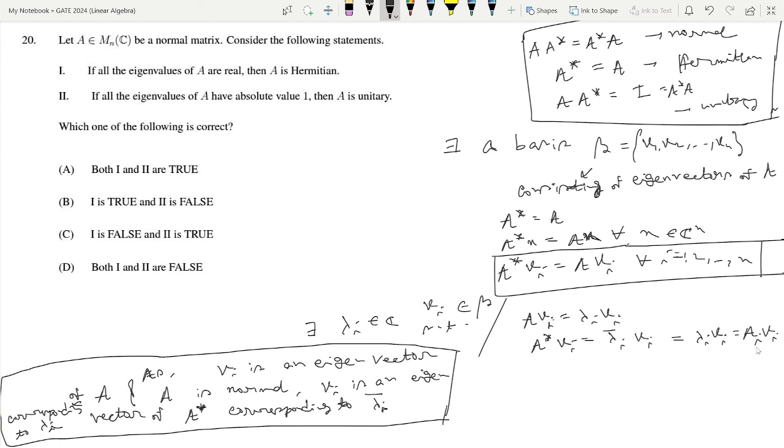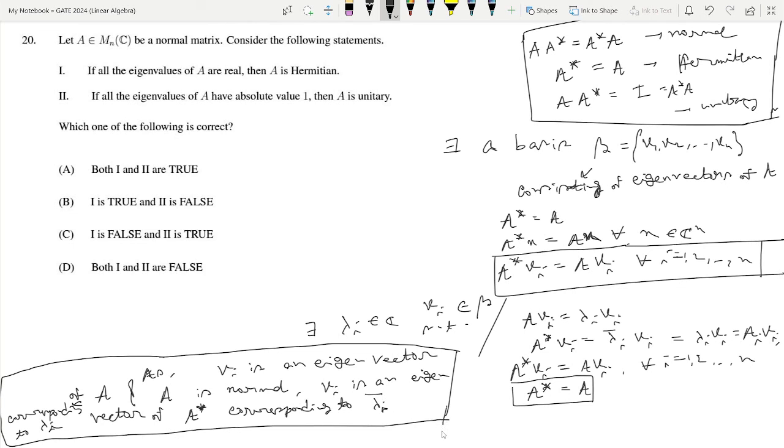So we have taken arbitrary i. What we get is A star Vi equal to A Vi for all i equal to 1 up to n, and that will be enough to get A star equal to A, as they are the same on a basis of V. So now A is Hermitian. So this option 1 is the true option.